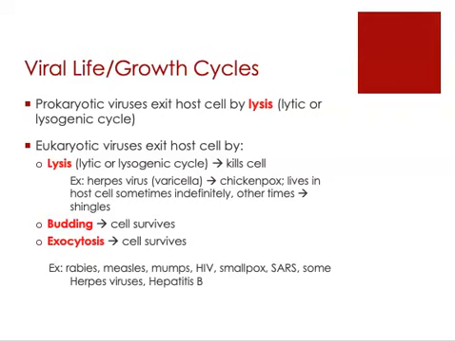Some of them exit using lysis, some of them don't. So I talked about one of the herpes viruses, the one that causes chickenpox specifically, being a lysogenic type of virus that sometimes reverts to the lytic life cycle, exits the host cell through lysis.